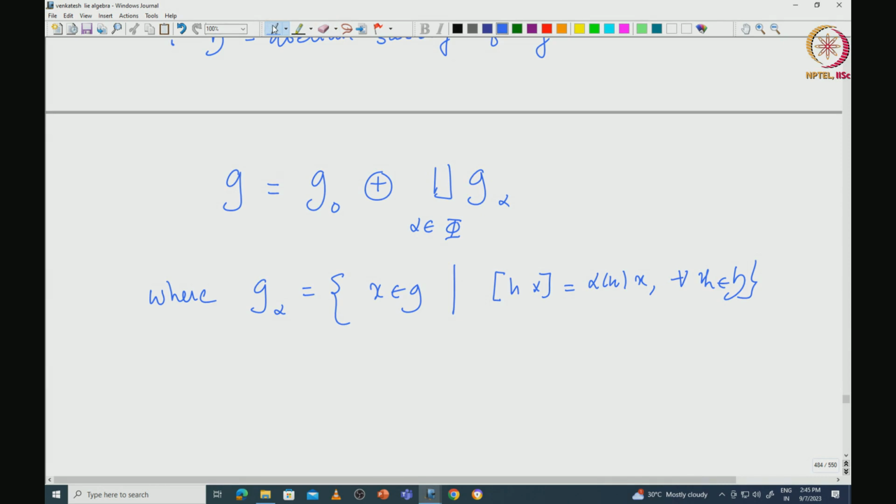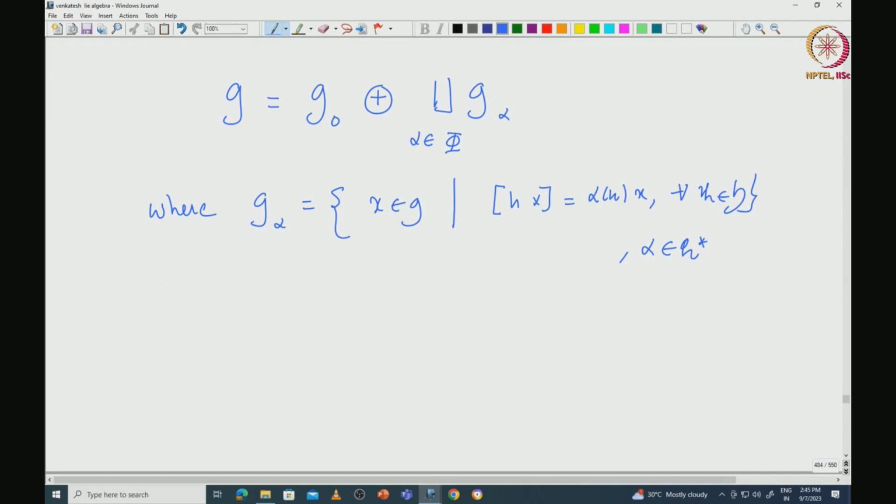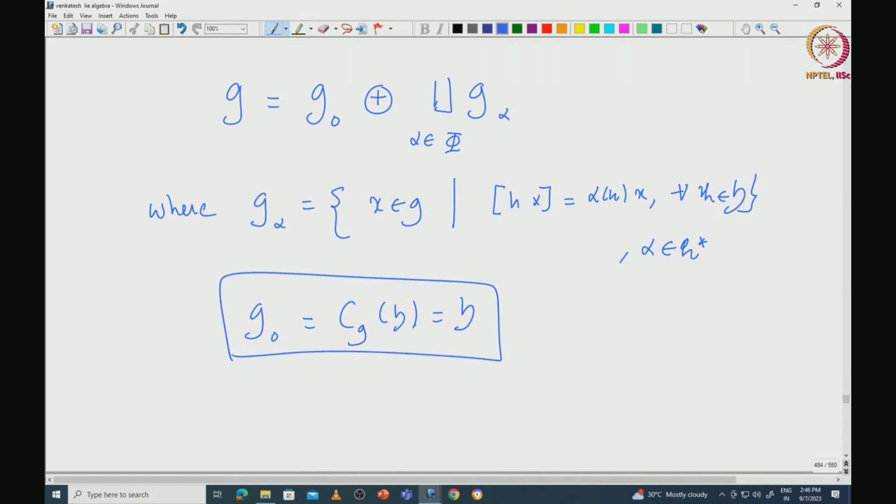In particular, G naught is defined to be the centralizer of H, which is those elements of G that commute with H. We indeed proved that this G naught is nothing but H itself. So, if we start with a maximal toral subalgebra, then its centralizer inside G must be equal to H. This is something we have already proved.